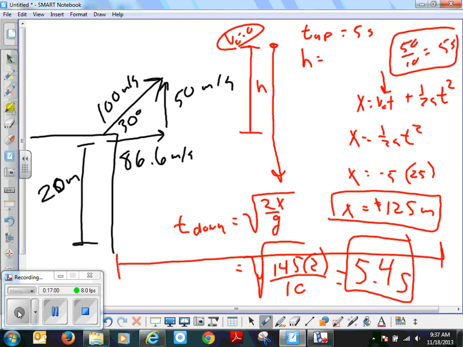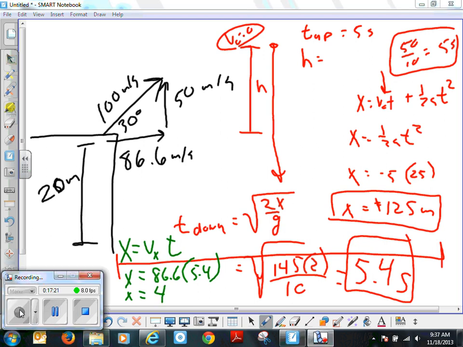Okay. And then last but not least, x equals velocity in the x direction times time. X equals 86.6 times 5.4. Actually, it's 10.4 because this is total time.